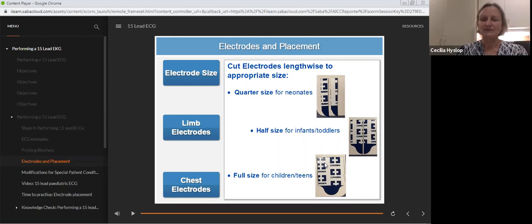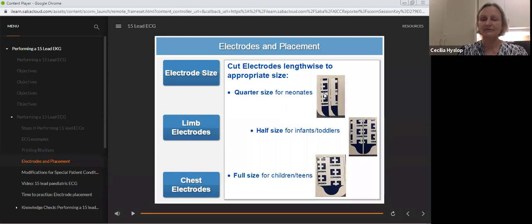So we want to make sure that we've cut them in appropriate size. So for the neonates, what we can do is either half it or quarter it. So we often quarter it. So it depends upon the size of the baby. If we have a very small chest, then we're probably better off quartering it so that we have these placed in the exact spot that we should have them placed.